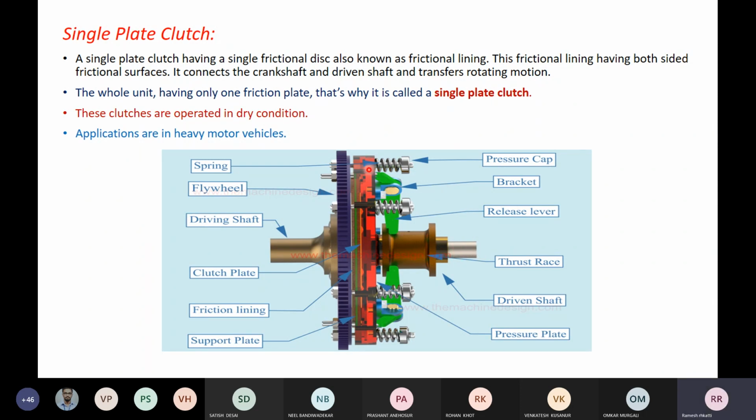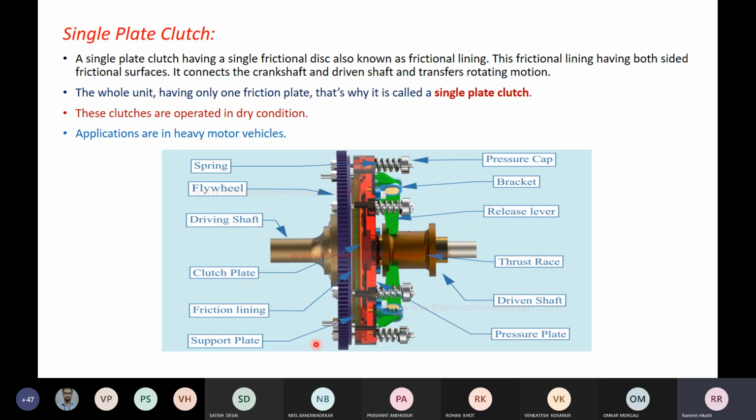Here you can see the springs, the pressure cap, the bracket, and the pressure plate. The red color is the pressure plate, the blue color is the flywheel, and this is the clutch plate, with the friction lining on it.